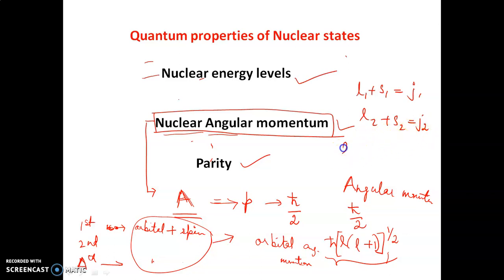Or, if I have a large number, then the summation of Li plus Si, where i goes from 1 to A, where A is the mass number because we will have A nucleons, is equal to I, and that is called the nuclear angular momentum, or the angular momentum of the whole nucleus. So nuclear angular momentum is denoted by capital I.